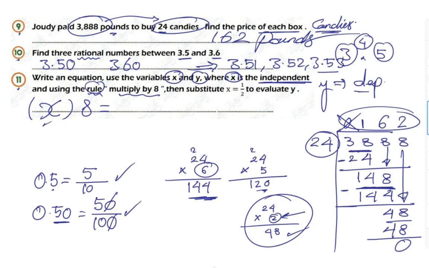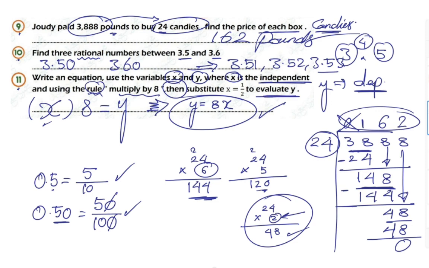Now what's the dependent? Equals y. Okay, but please write it in simplified form, like y equals 8x. That's the first part. And then substitute x equals half to evaluate y.